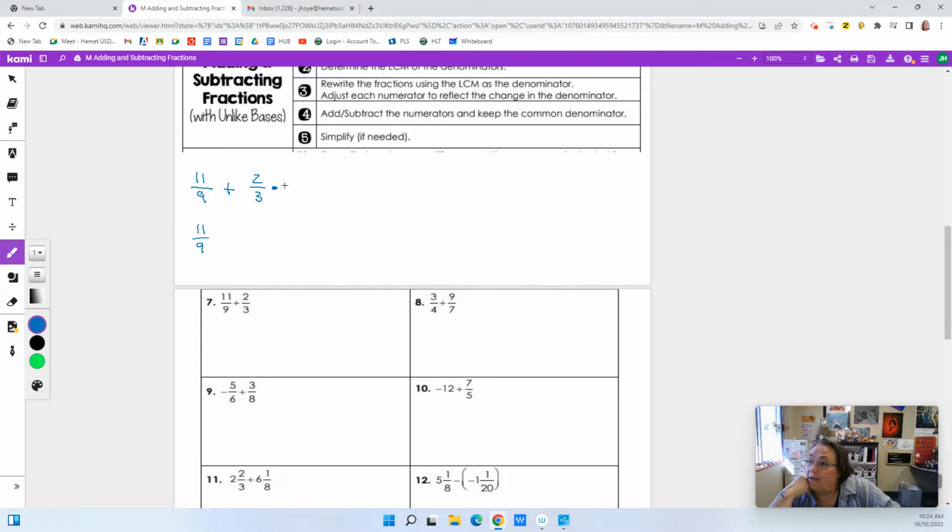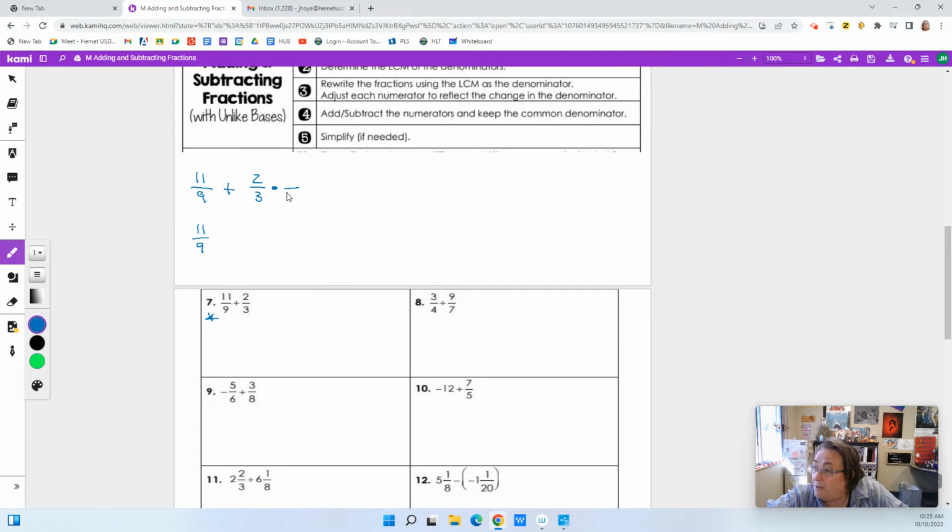So what do I multiply 3 times to get 9? 3, I see that, Dakari. I see you. I don't have that large blank space there. It's okay. You have it under here. Right?